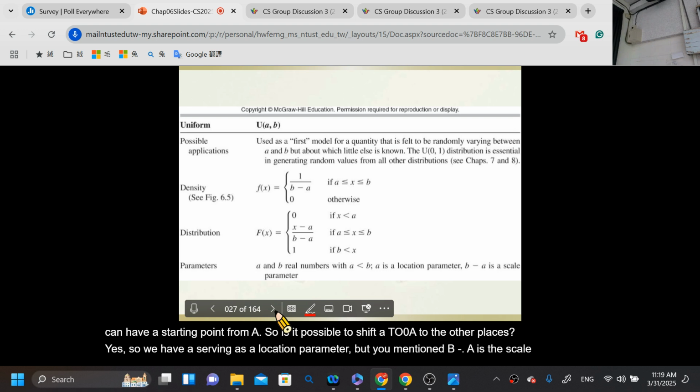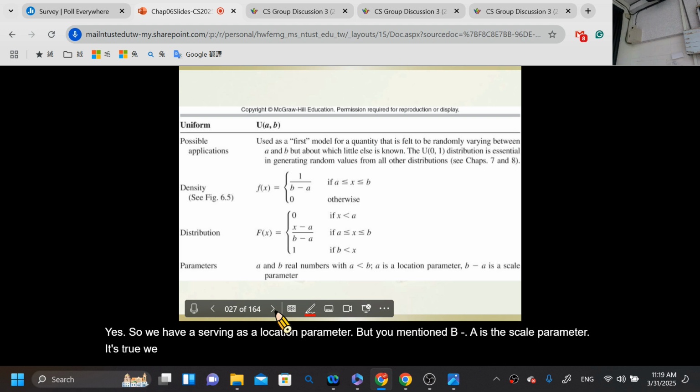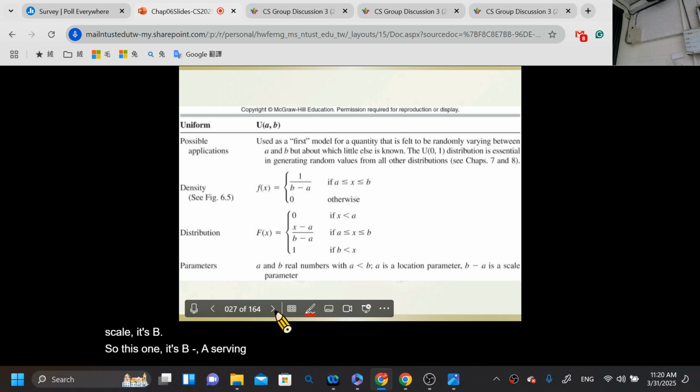It's true. We have the size, right? So we have the other size as well. So it doesn't mean B serving as a scale. It's B minus A. So this one, it's B minus A serving as the scale parameter. It doesn't mean, oh, it's B serving as a scale parameter. No. All right.